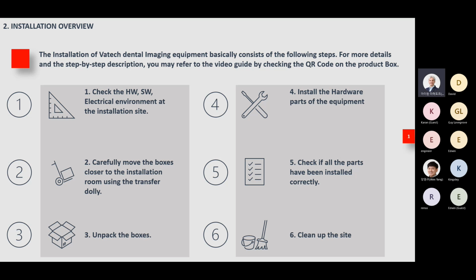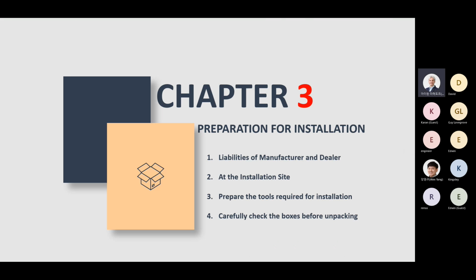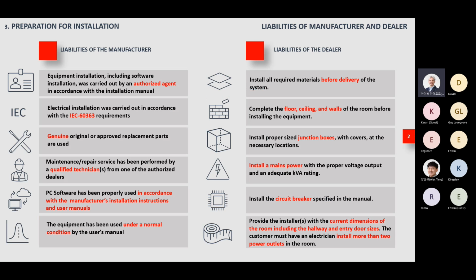So I will skip some general parts that you already know, what you have to do before the hardware explanation. These contents, as you know, are available in the technical documentations. I don't know if you are reading them, but usually there are liabilities of the manufacturer and liabilities of the dealer.